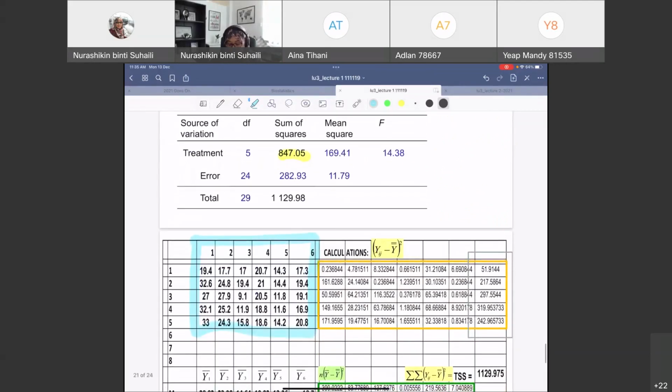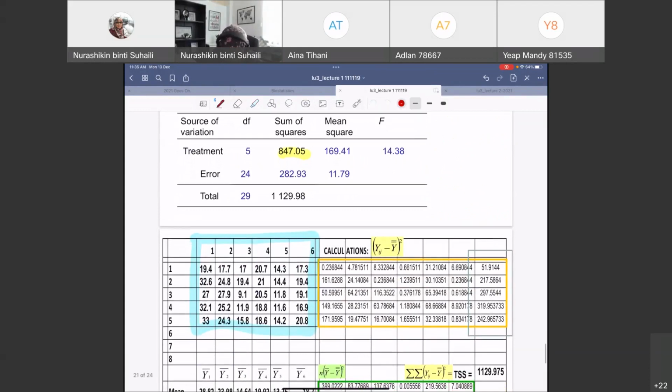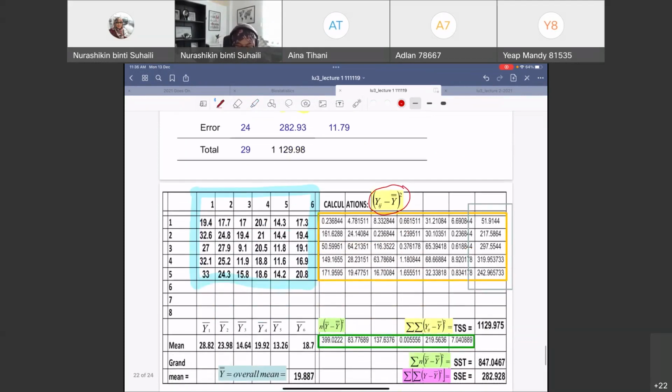So what you have to do, you have to create an additional column like this, okay? And then to solve for this term, what you have to do first is find the mean for every treatment. Okay, so yi bar. It means that 19.4 plus 32.6 plus 27 plus 32.1 plus 33 divided by 5, you got this.